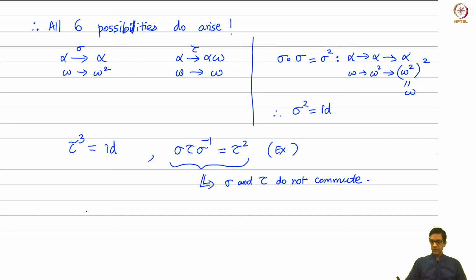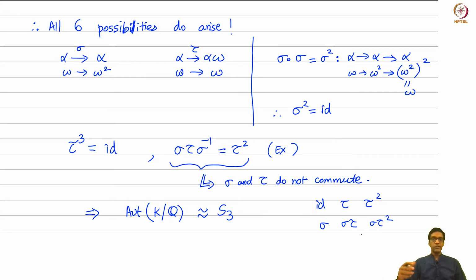Okay, so observe that these 6 elements are exactly the automorphism group of K over Q. In this case it is just the symmetric group S3. And you can write out all the 6 elements if you wish. It's identity, tau, tau square, then there is sigma, sigma tau, and sigma tau square. So you will realize these 6 elements give you all the 6 possibilities.